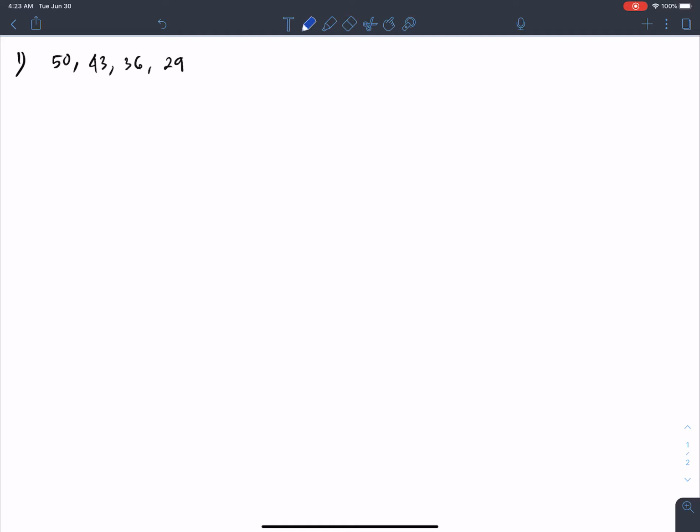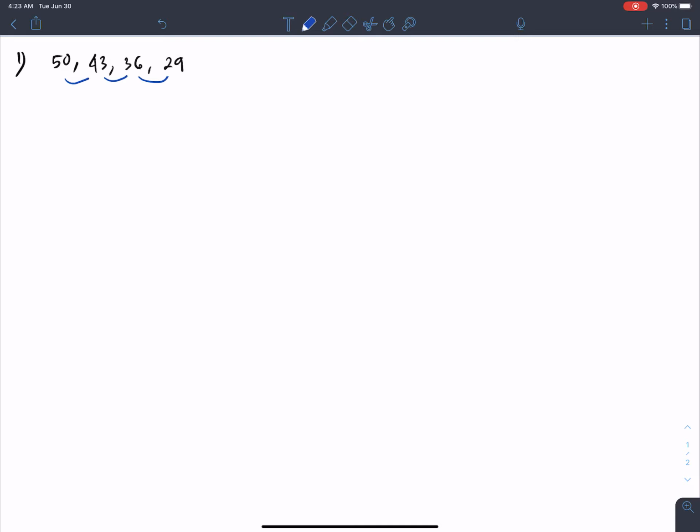The first thing that we need to do is check the difference or the ratio between a term and another term. So for example, 50 to 43, 43 to 36, and 36 to 29.